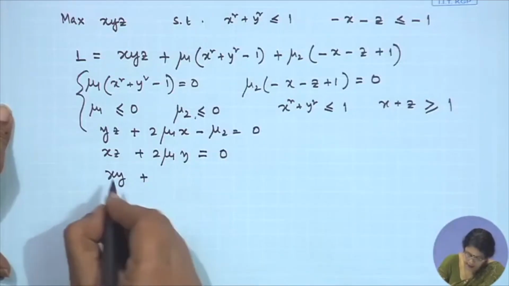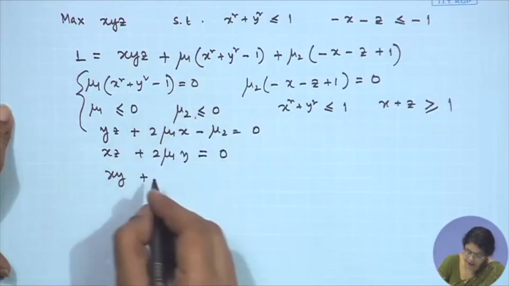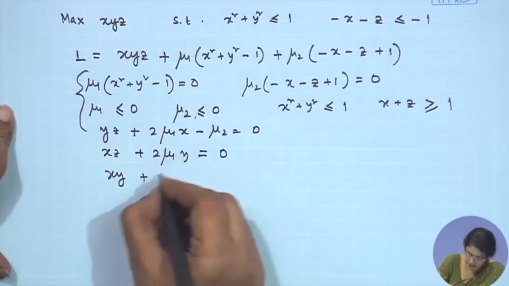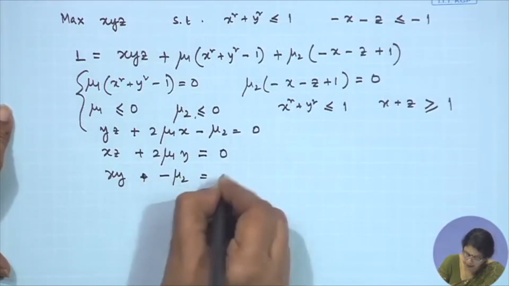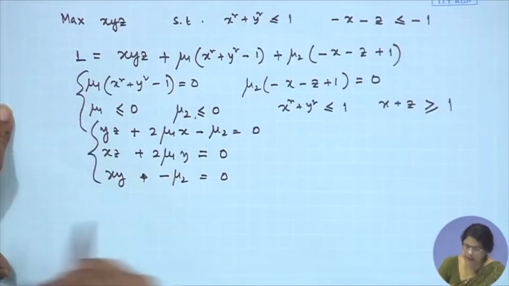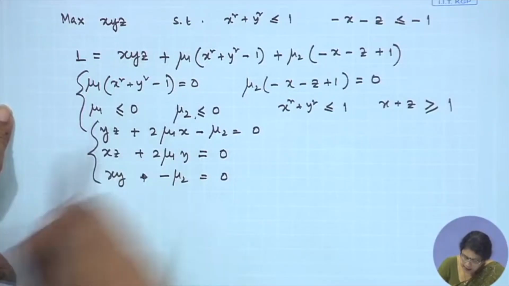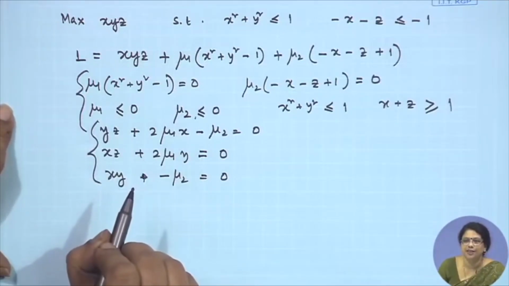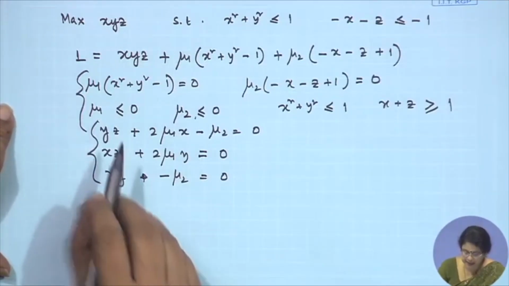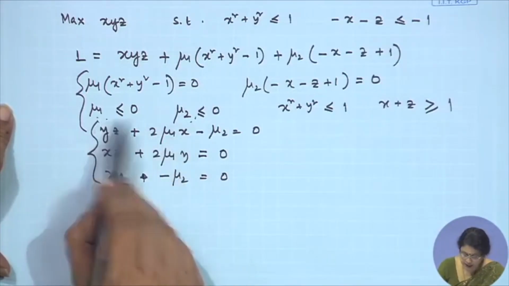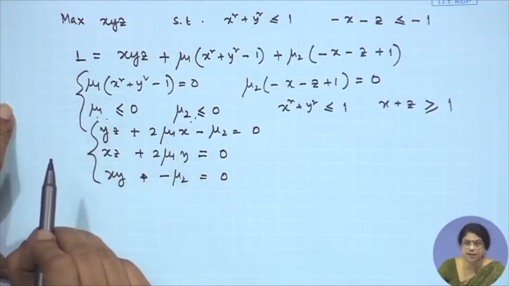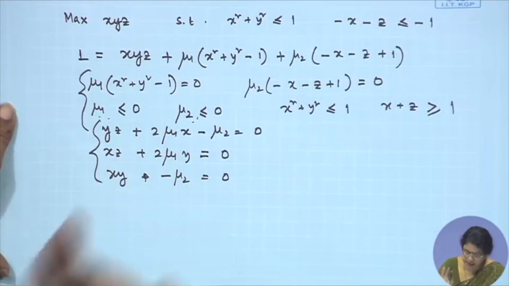Differentiating xy with respect to z, it would be xy minus mu 2 is equal to 0. These are all the optimality conditions for us. Optimality, feasibility, the check for the complementary slackness conditions, check for the KKT multipliers, the sign of KKT multipliers, all these things we have done.